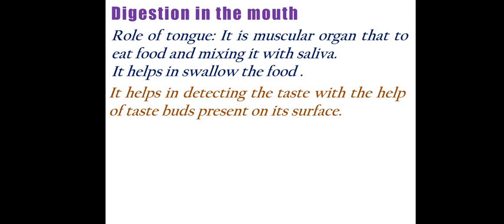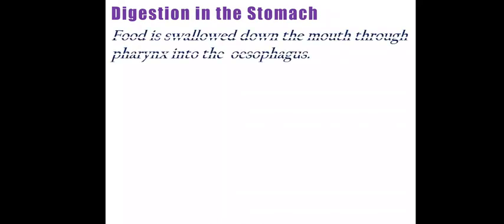But nowadays new research has disclosed that every taste bud can detect every type of taste, whether sweet, sour, salty or bitter. So there is no specific area. Earlier it was said that there are specific areas for particular tastes, but that is not the case now.